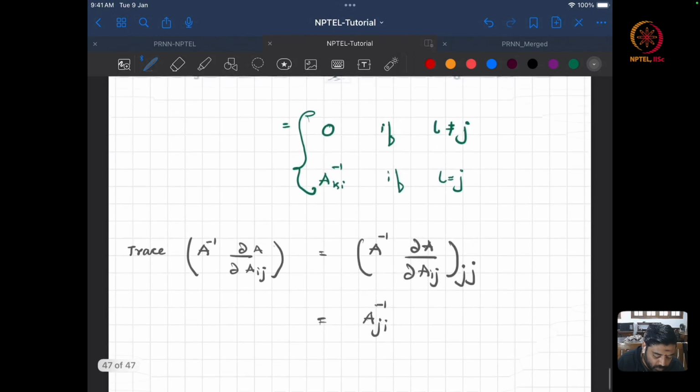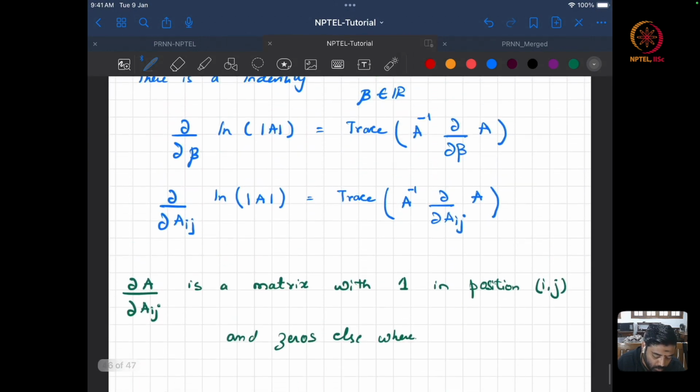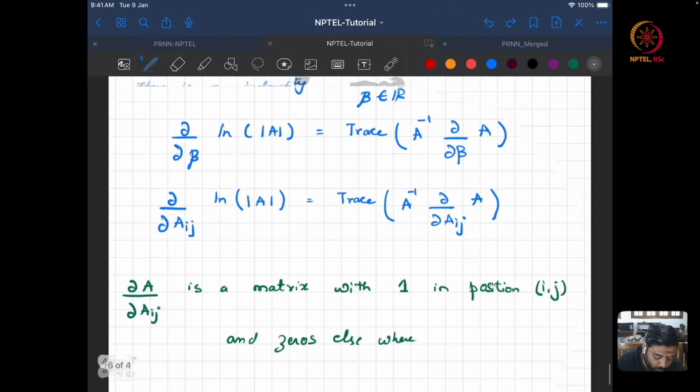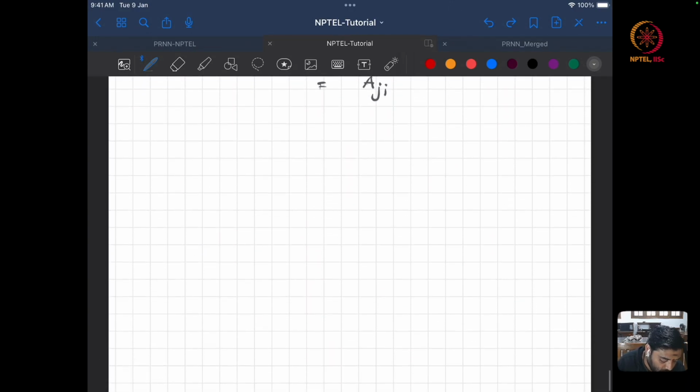So now putting all of this together, this is for one element. If you put all of them together, like that you take it for everything, this is A inverse transpose. Now you got the second one. Now from here, you just put them together and then you get it.